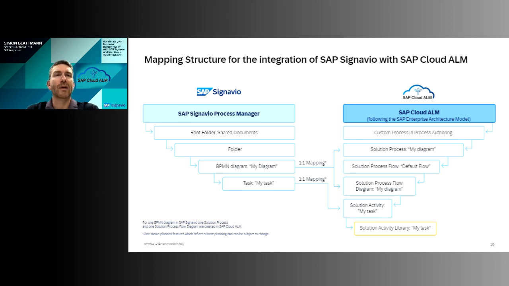The question is, when I change a best practice process in Signavio to meet my requirements and sync it to SAP Cloud ALM, do the test cases also get adjusted in SAP Cloud ALM? It depends what you mean by test case. The process structure will be the baseline to create your test cases.